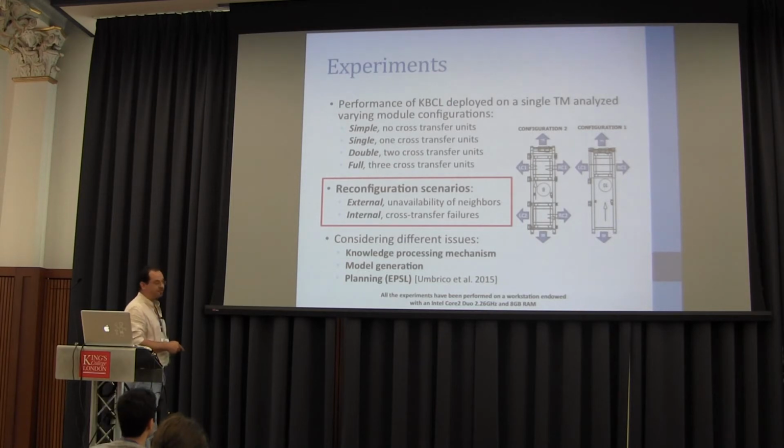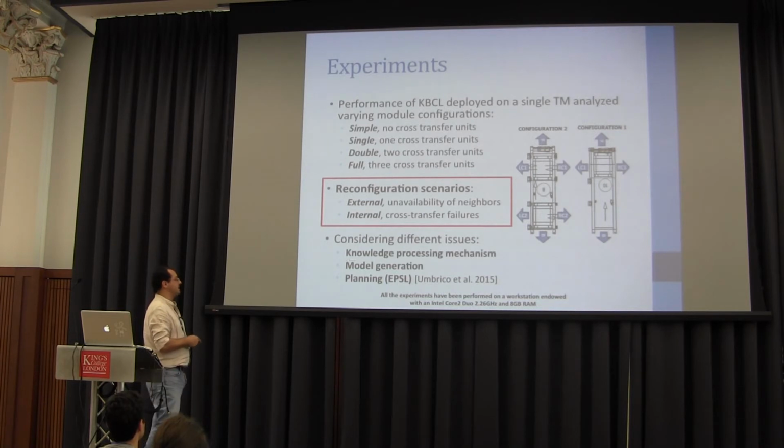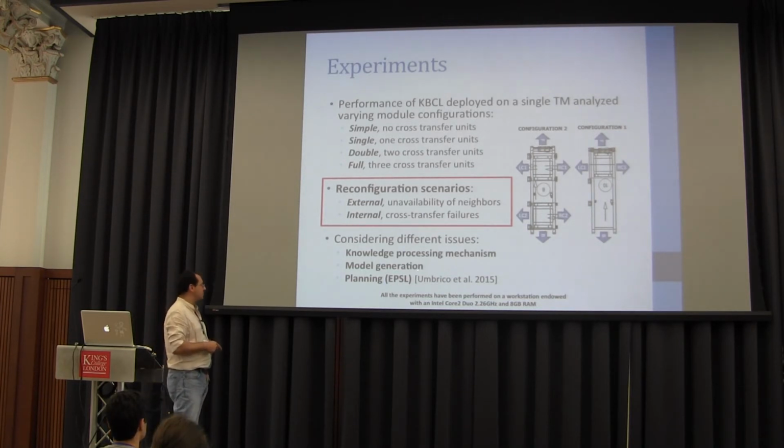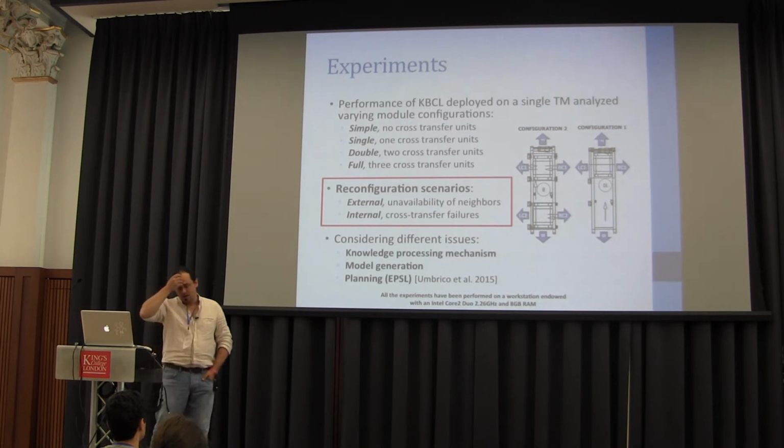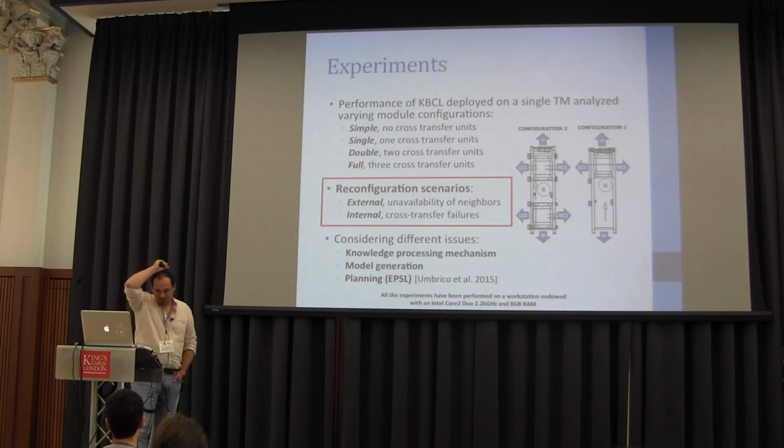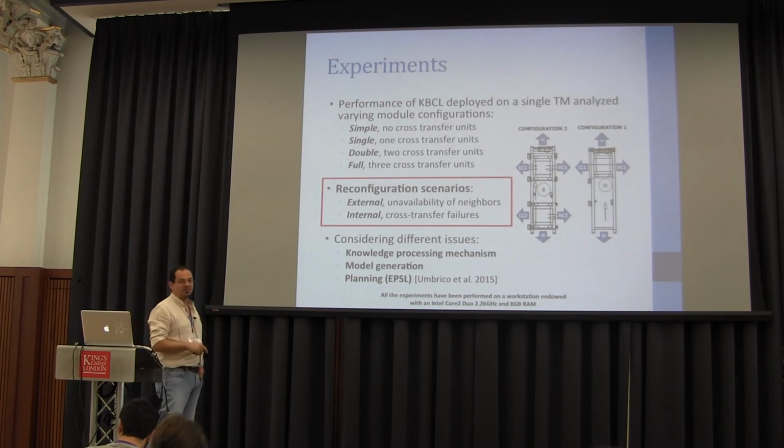We consider different issues while performing our tests. We consider the knowledge processing mechanism cost, the model generation cost, and the planning cost, exploring a recent planner developed by Alessandro Murillo, who is here, that is still a time-based planner.